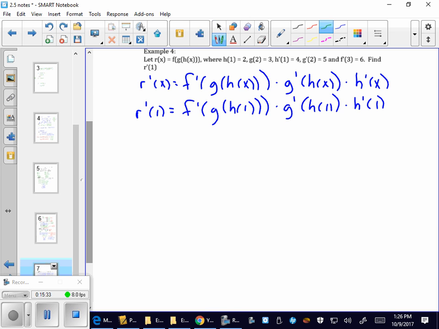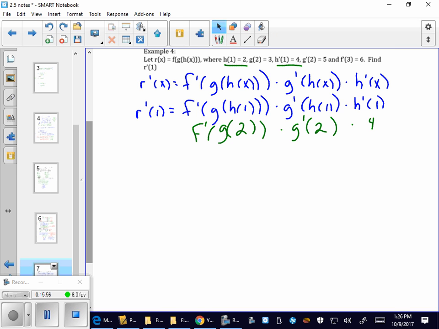H of 1 we can do. We have h of 1 up there. That's 2. H of 1 once again is 2. H prime of 1, that's that one, that's 4. Whew. Lots of parentheses to keep straight here.